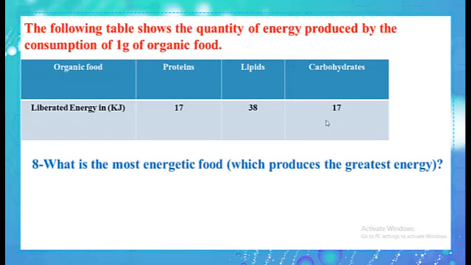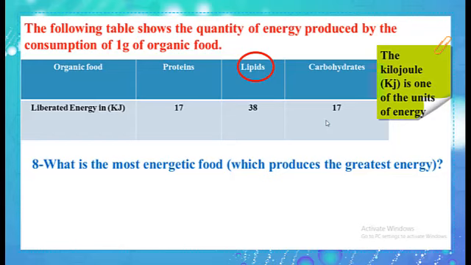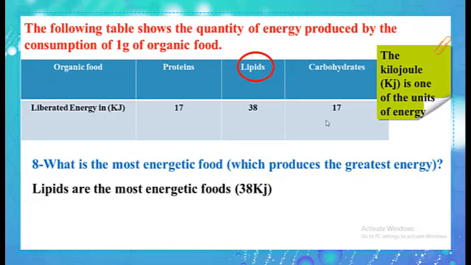Number 8. What is the most energetic food which produces the greatest energy? So as you can see here, the most energetic food is the one that gives 38 kilojoule, which is lipids. So first, let us know what's the meaning of kilojoule. Kilojoule is one of the units of energy. So lipids are the most energetic foods, 38 kilojoule.